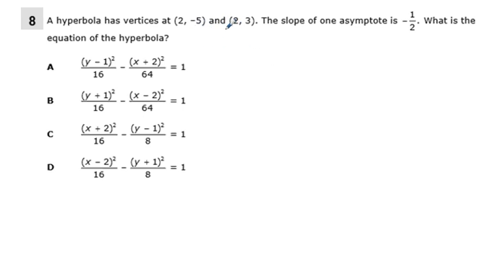So for this one here, we're going to have a hyperbola, and the vertices are at (2, -5), so down here, and up here at (2, 3). And so those are the vertices. So we're going to be looking at a hyperbola that looks something like this.